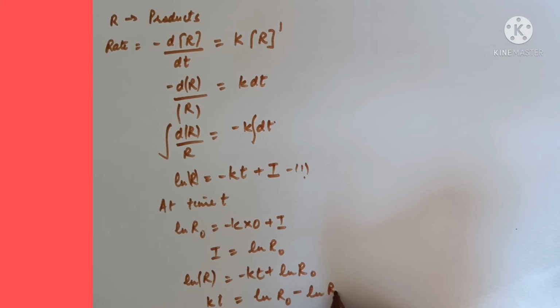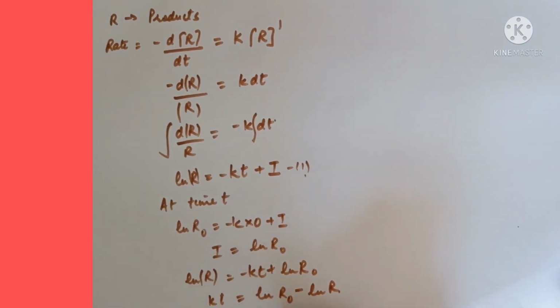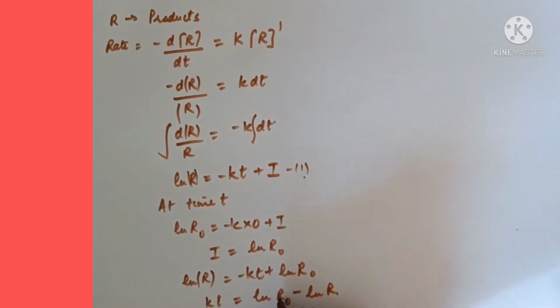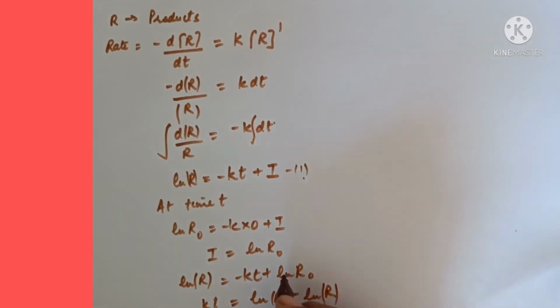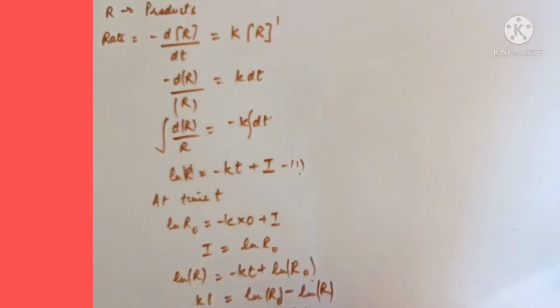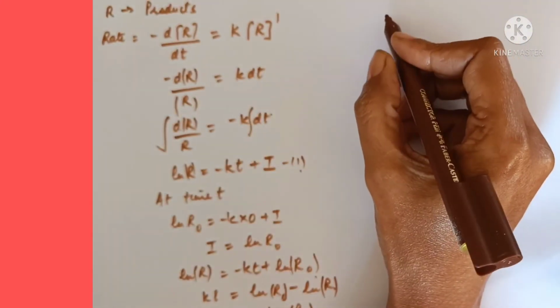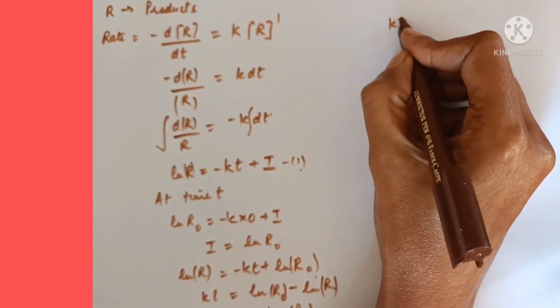As log A minus log B is equal to log A upon B, we get kt is equal to ln [R]0 upon [R]. Now to convert this natural log ln into log to the base 10, we will multiply it with 2.303.